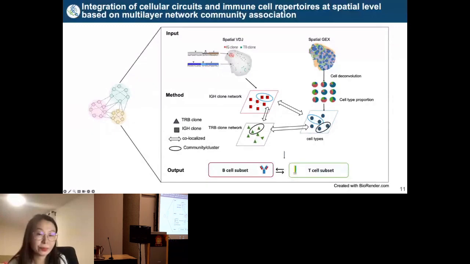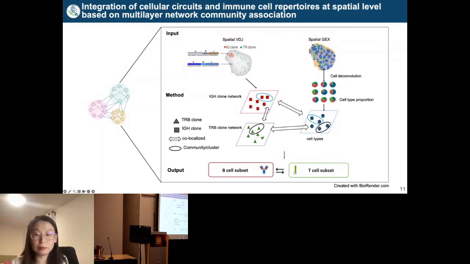Next, we link these 3 networks into a multi-layer network, where the similarity across networks is computed based on their localization in the tissue. Eventually, the cell interactions can be inferred by calculating the association between the communities, or say clusters, across layers.